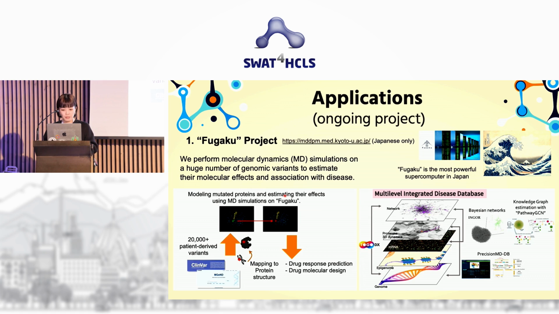In this project, using the supercomputer Fugaku, we estimate the impact of genomic variation on protein function and drug interaction by molecular dynamics simulation, MD simulation. Genomic variants from sources such as CRISPR are mapped onto protein 3D structures, and molecular dynamics simulations are performed.